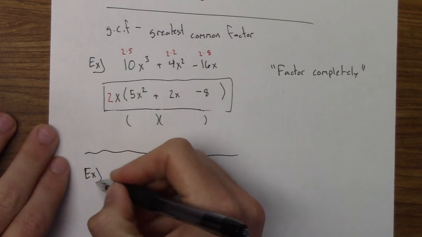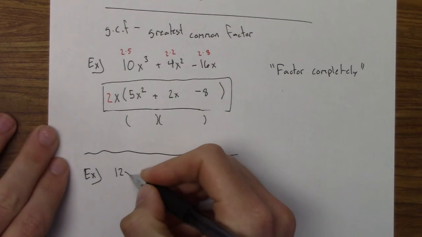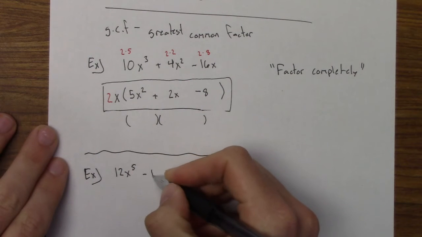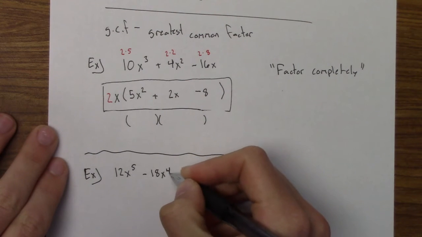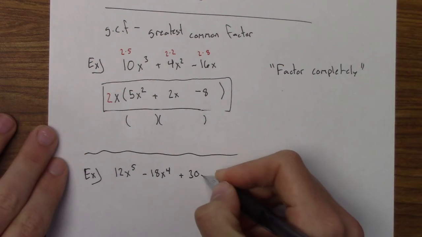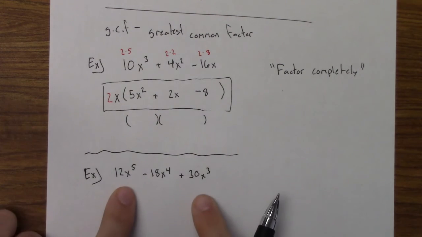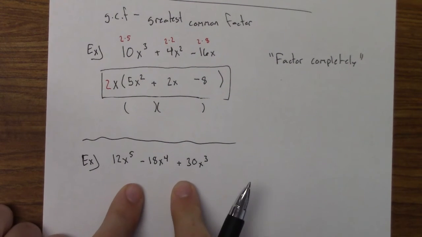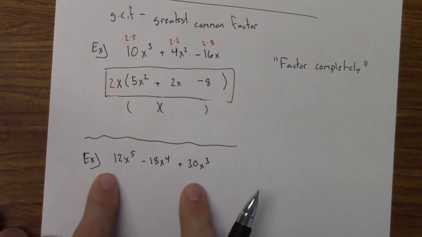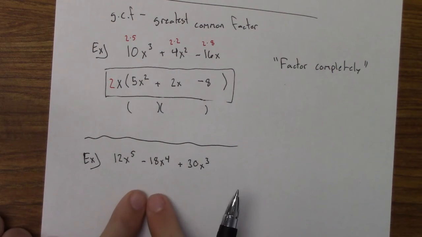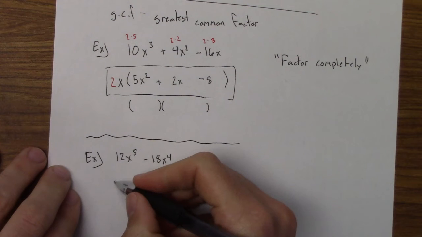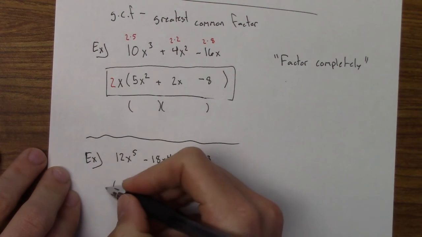Same idea. So this one right here, we got a 12x to the 5th minus 18x to the 4th plus a 30x cubed. Looking at this one right here, same idea. We want to look for a GCF, or what's in common to all terms. So again, same as the last one, I'm going to look at my x's first.